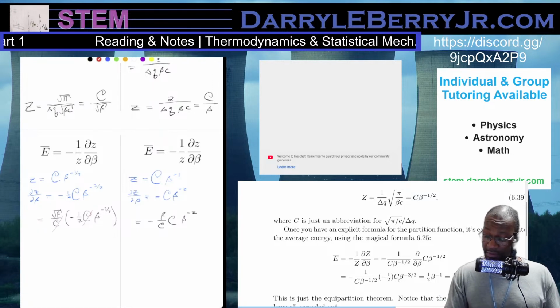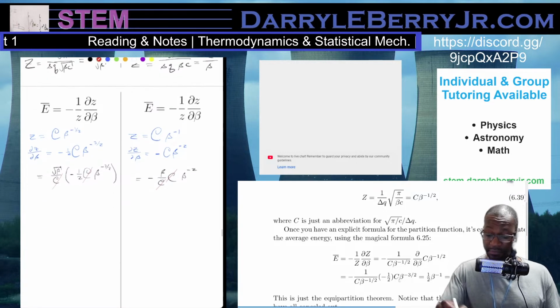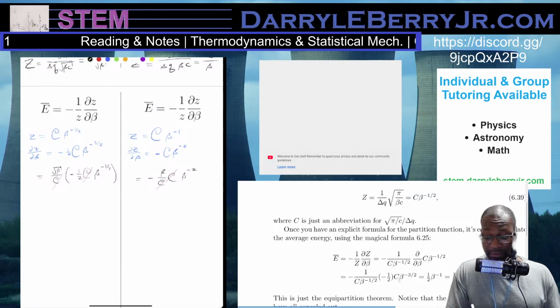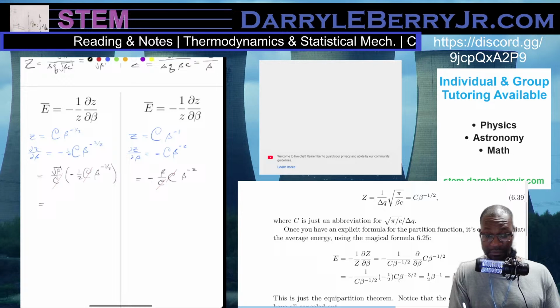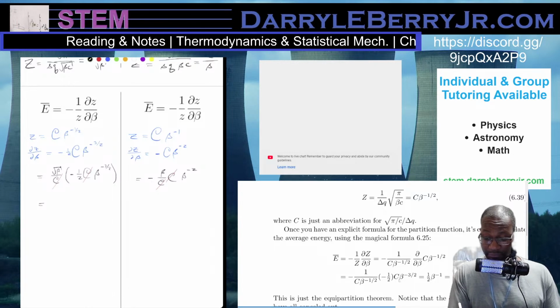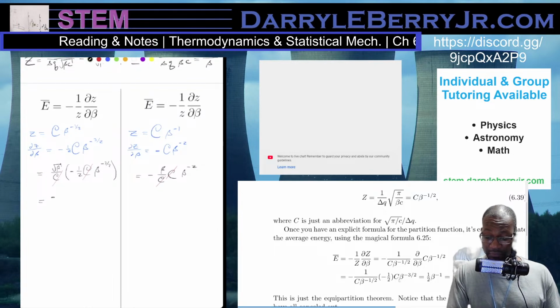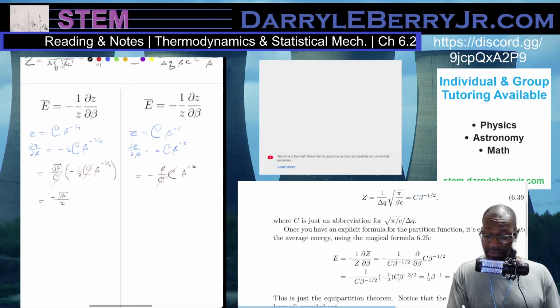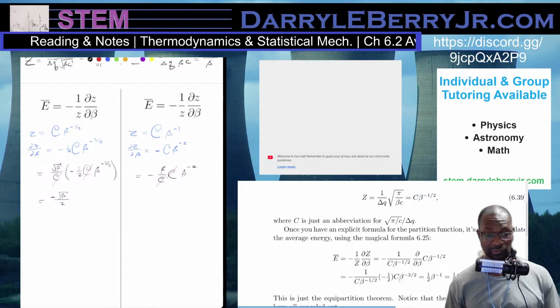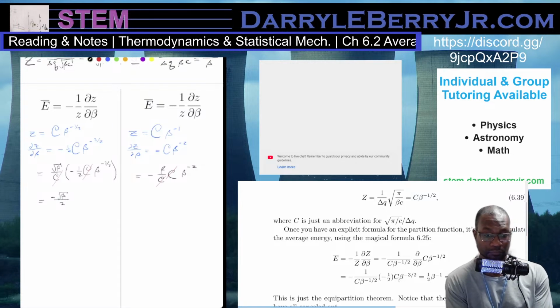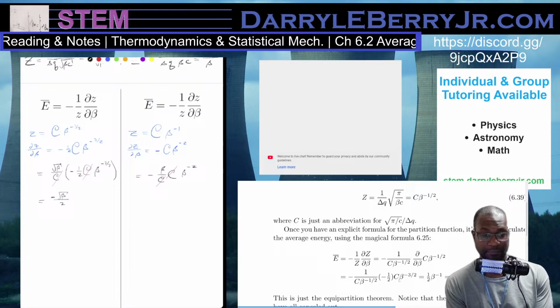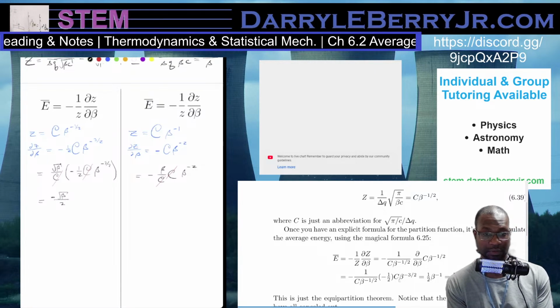So the C's cancel. And on this side, we have negative square root of B over 2. And hold up, I think I'm missing a term or something.